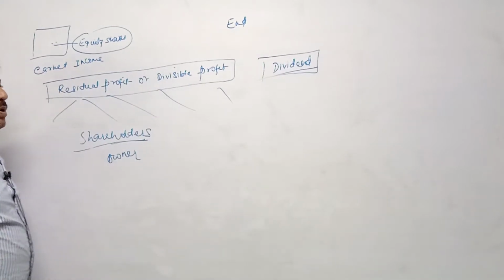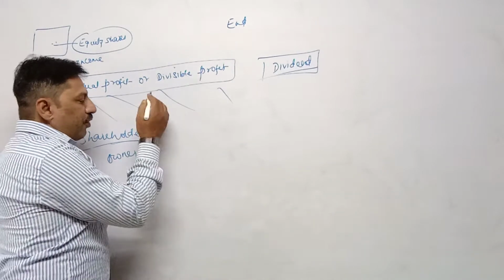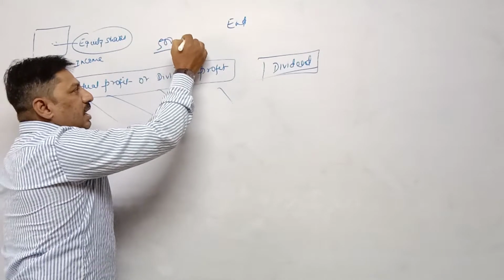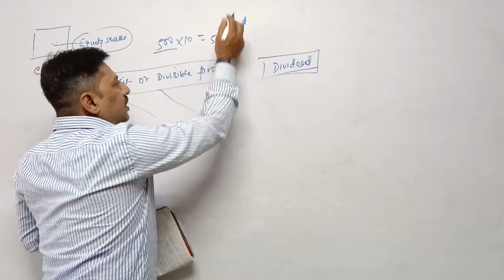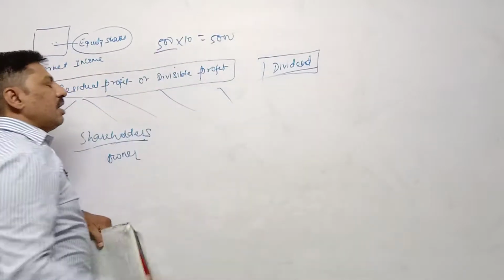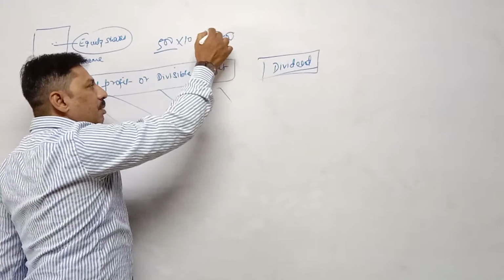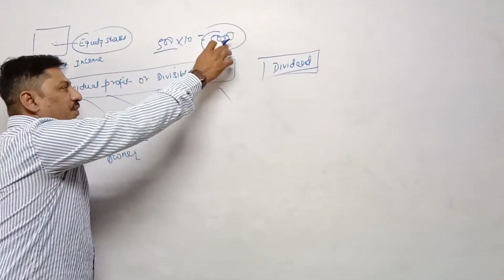Now, the person who purchases equity shares: for example, I purchased 500 shares, each share is of 10 rupees, so in total I invested 5,000 rupees, and the shares I purchased are equity shares.